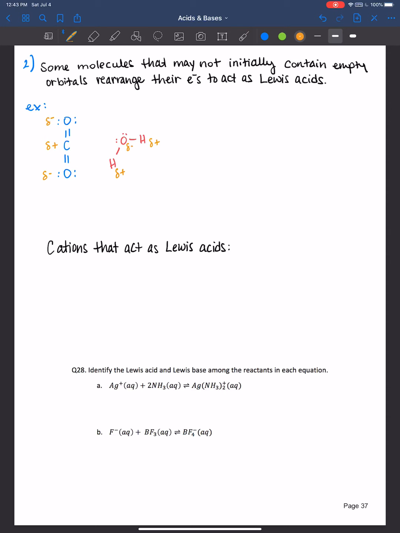And so even though it looks like carbon, its octet is full. It's like, I'm done, but it can rearrange to accept that lone pair of electrons. So let's see how it happens here. So these electrons come here, they attack that carbon, and in order to obey carbon's octet rule, remember no more than 4 bonds to carbon, not going to happen, then it's going to break one of these bonds in the double bond and push those electrons and make them into a lone pair onto the oxygen in order to house in that water here.